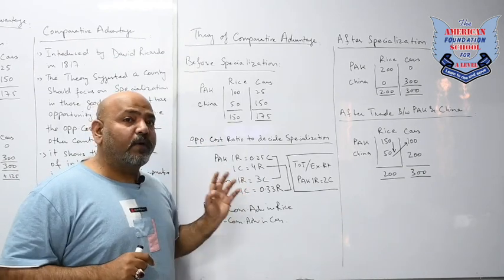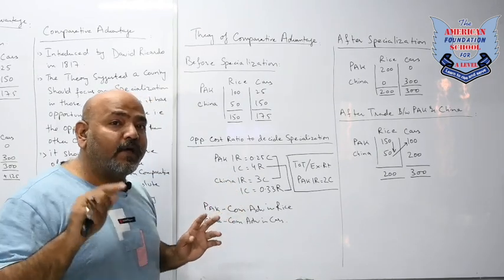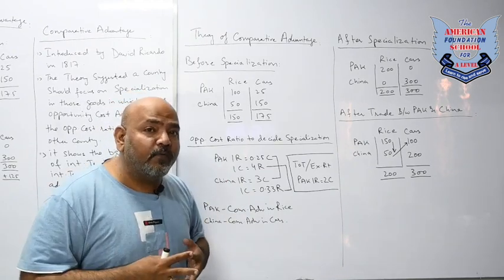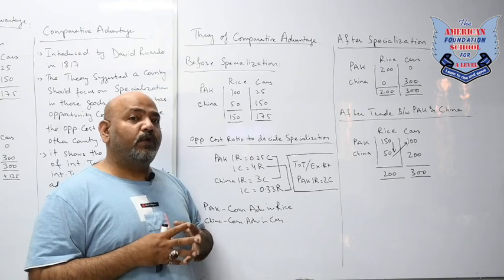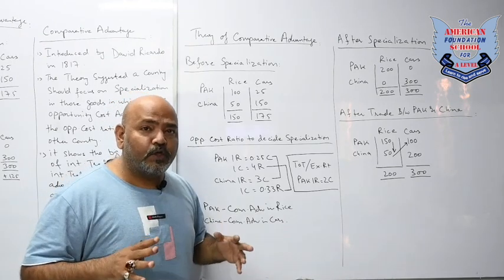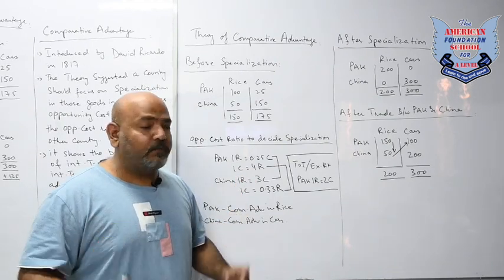This time we are going to calculate comparative advantage. It means we have to calculate the opportunity cost ratios, then decide the terms of trade between these two countries. So let's calculate the opportunity cost ratios and find out which country has a comparative advantage.